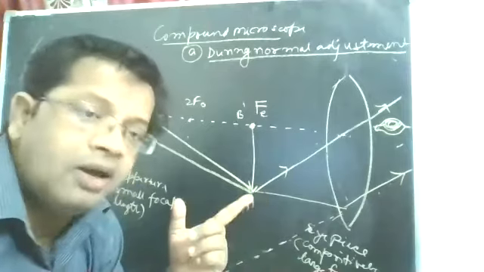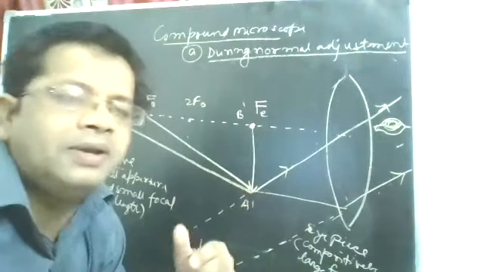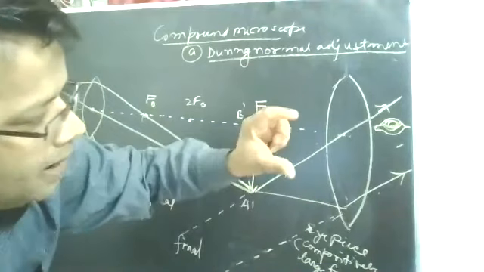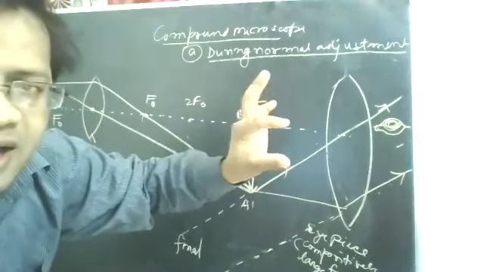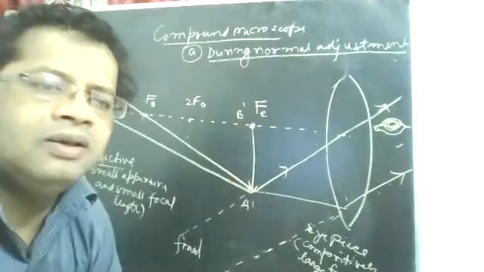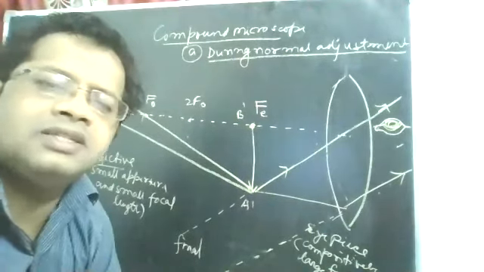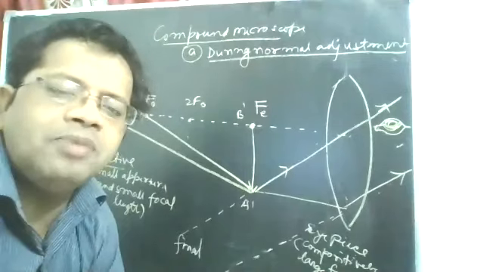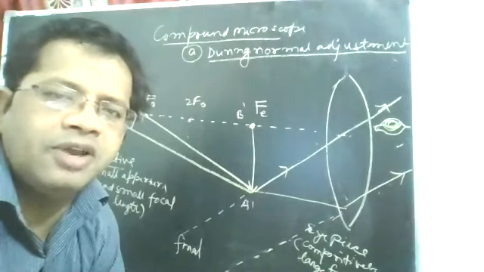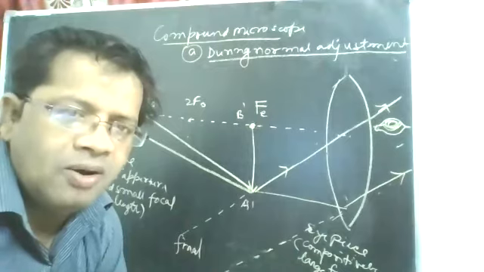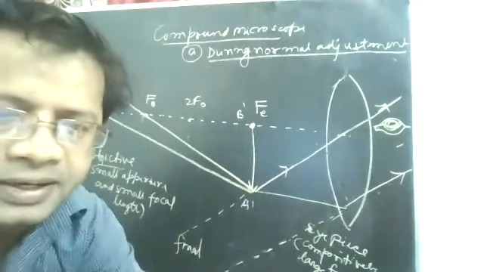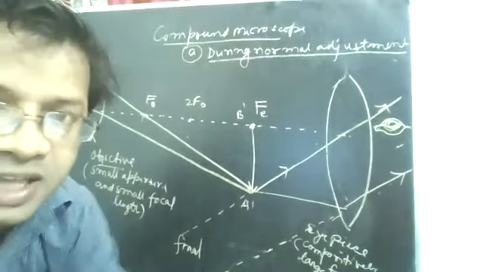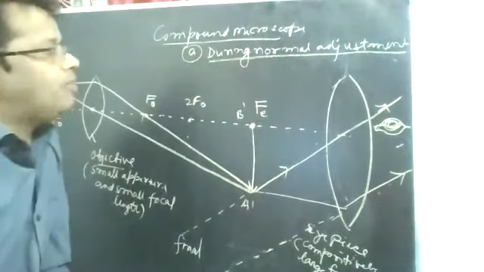When the object is at infinity, the light coming is parallel, and to focus it on the retina the ciliary muscles contract very little, so there is minimum stress on them.